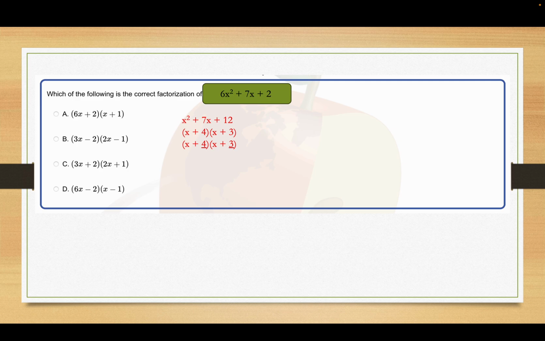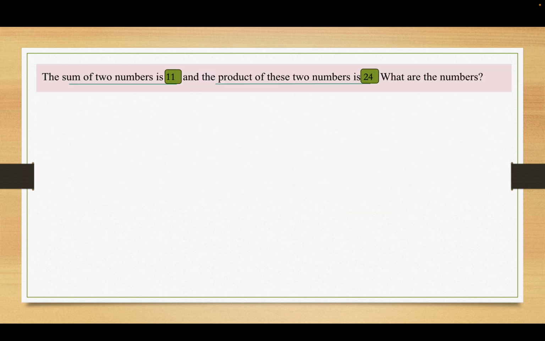Because we multiplied by the 6 to the last term, we have to divide back in by the 6. That gives me x plus, reducing 4/6, I get 2/3. Reducing 3/6, I get 1/2. So we're going to rotate that 3 up there: 3x plus 2 and 2x plus 1. Those are your factors. There's your choice C.